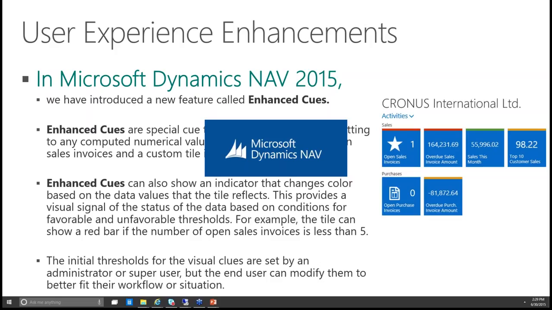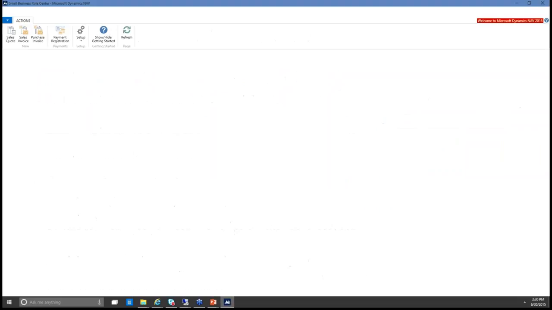There's a new session that's been added in 2015 called Cue Setup, C-U-E, that allows you to define these key performance, these color-coded bars above all the different profiles on the Role Centers.